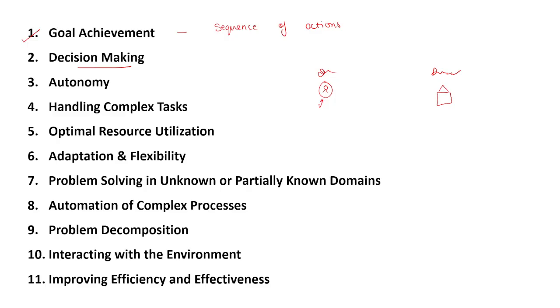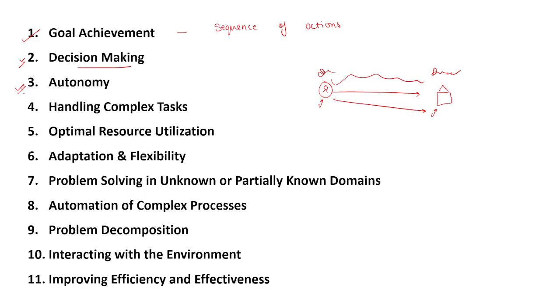This is your source and this is your destination, right? There are three routes between these two points, right? So planning system helps you to select the best route to reach your destination faster. Clear? So it improves your decision making.